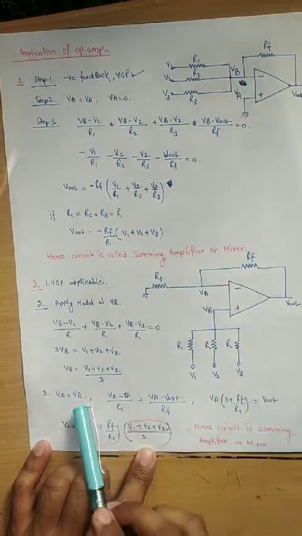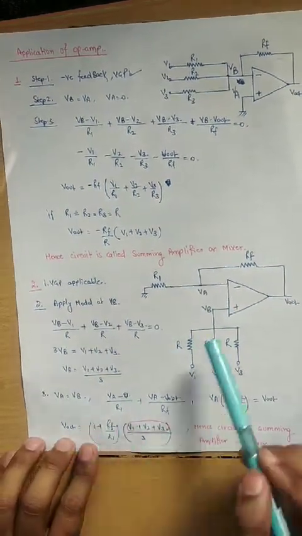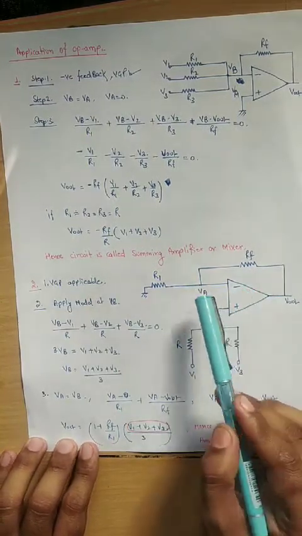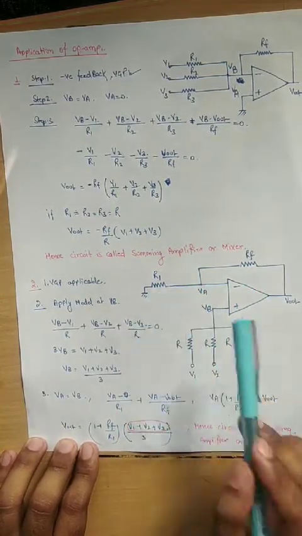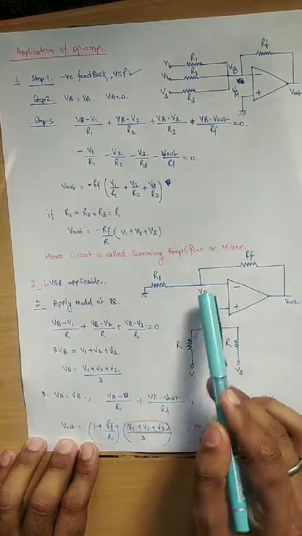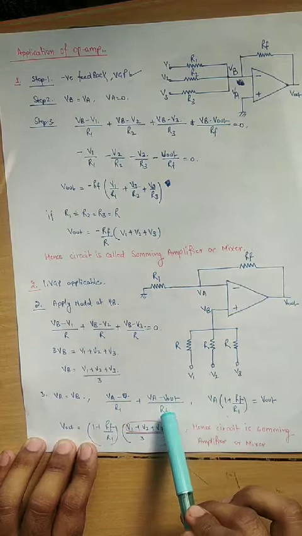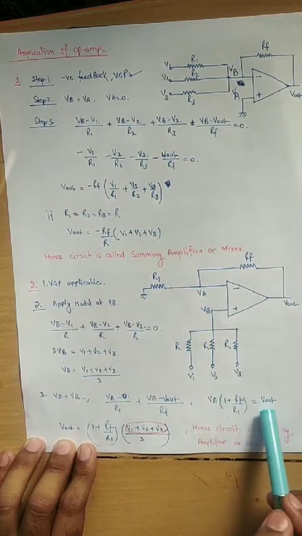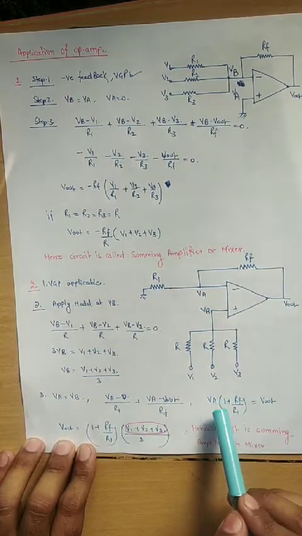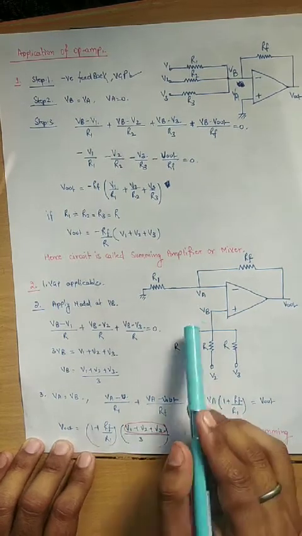Now VA equals VB. Because of the virtual ground process, now we can apply the nodal over here. (VA minus 0) by R1, (VA minus Vout) by RF. So we can find out that Vout equals (1 plus RF by R1) into VA. So what is VA?